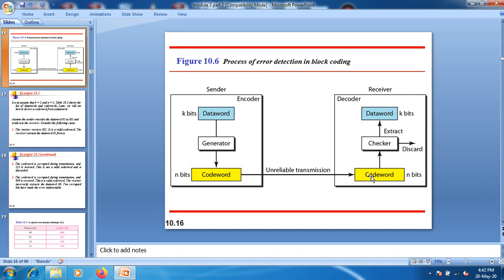The receiver forwards this received code word through the checker. The checker checks the received code word against the list of valid code words it has. If it matches a valid code word, it extracts the data bits or data word from it. Otherwise, it discards that content. We will go through some examples here.